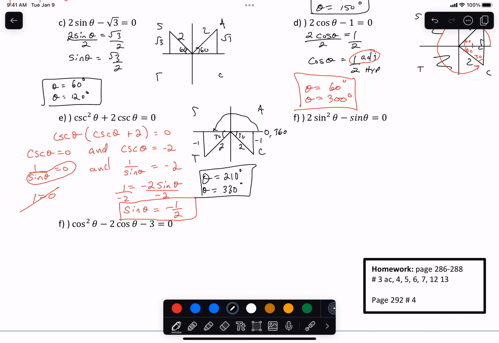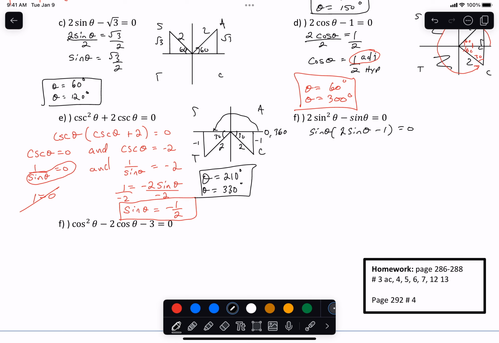Okay, next one. Very similar from the standpoint that, yeah, very similar. So what I'm going to do here is I'm just going to factor out a sine again. I'm going to be left with something. So let's just go sine theta multiplied against 2 sine theta minus 1 is equal to 0.